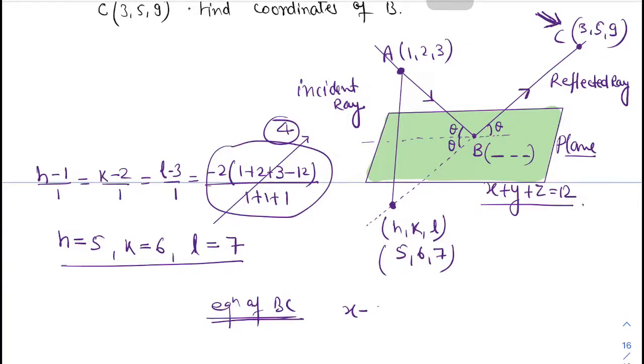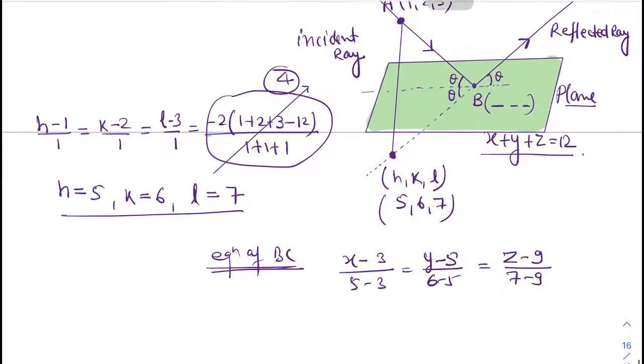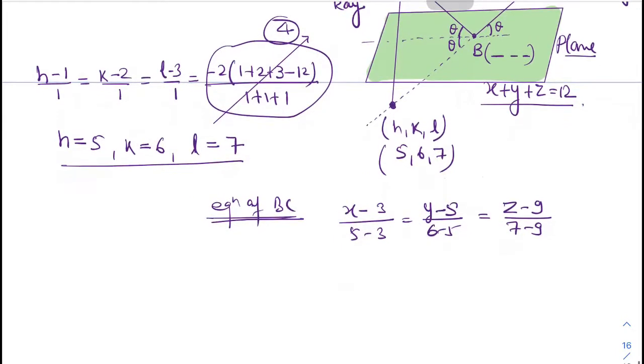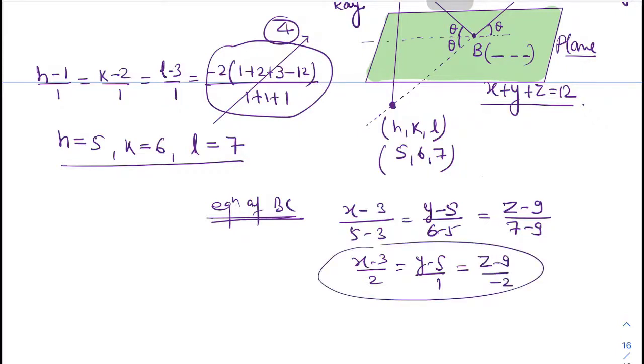So (x minus 3) upon (5 minus 3) equals (y minus 5) upon (6 minus 5) equals (z minus 9) upon (7 minus 9). The equation of the line passing through two points comes out to be (x minus 3) upon 2, (y minus 5) upon 1 and (z minus 9) upon minus 2. So this is the equation of line BC.